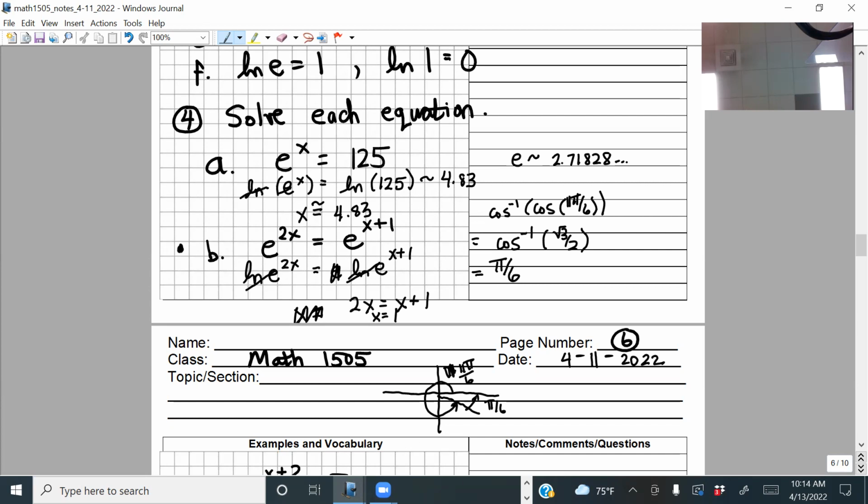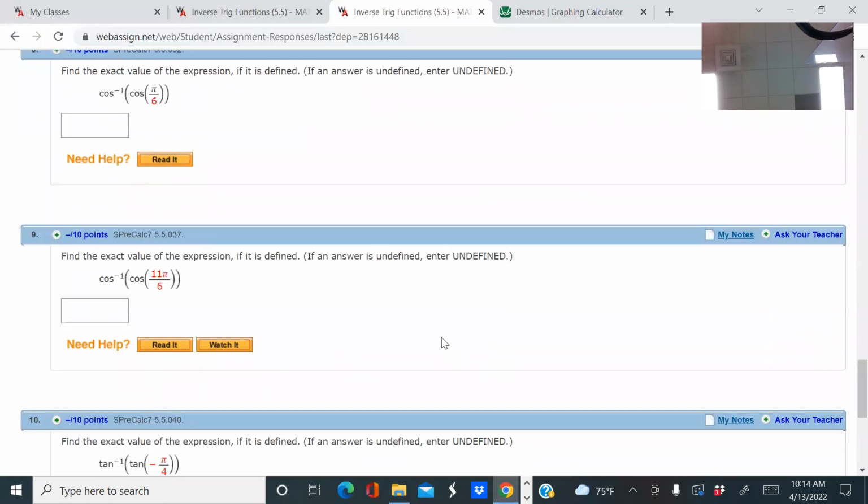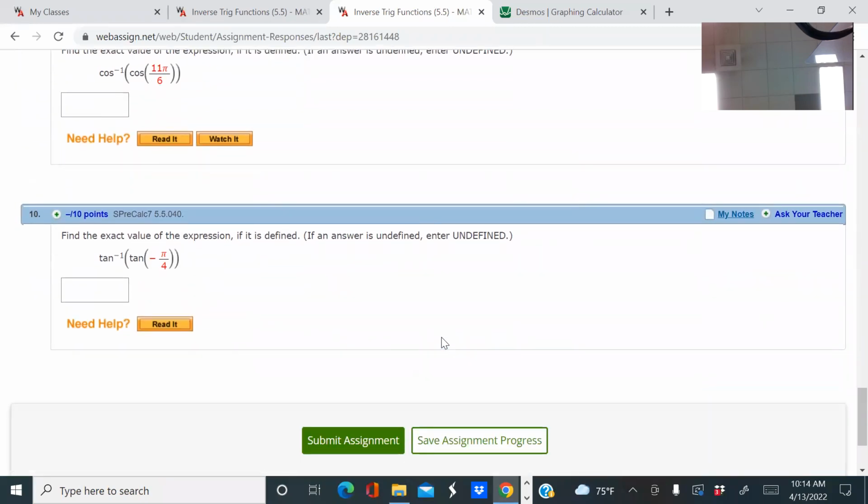Let's see, what's the last problem? So here's the inverse tangent of the tangent of minus pi over 4. Let's see if we can do that one too while we're thinking about it.